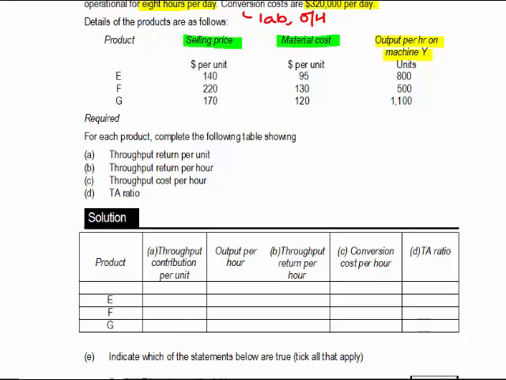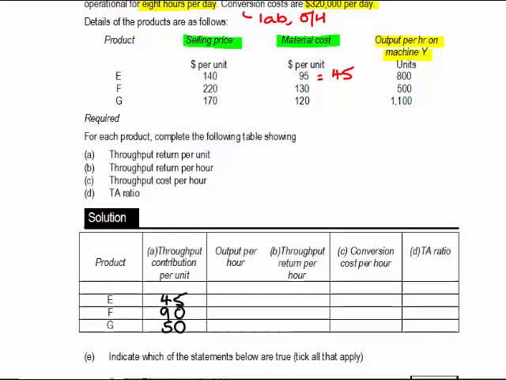So for E, we've got 140 minus 95, which is 45. So let's pop that down here, 45. For F, we've got 220 minus 130, which is 90. And for G, 170 minus 120, which is 50.